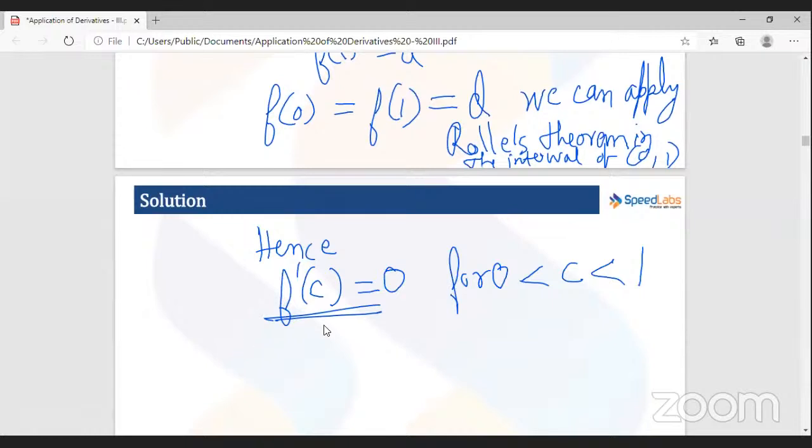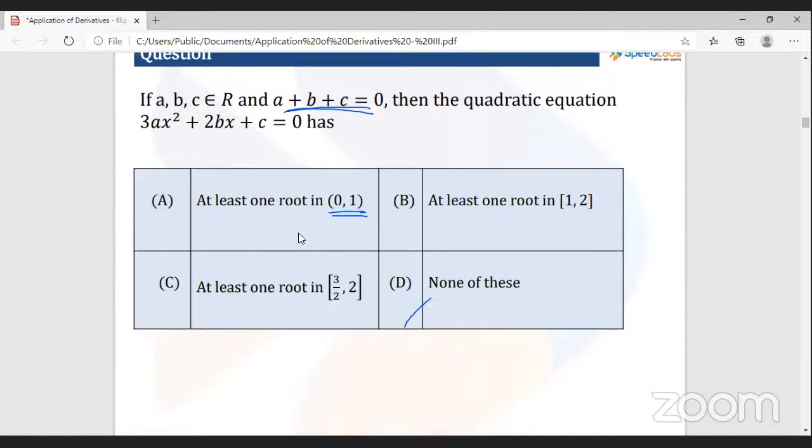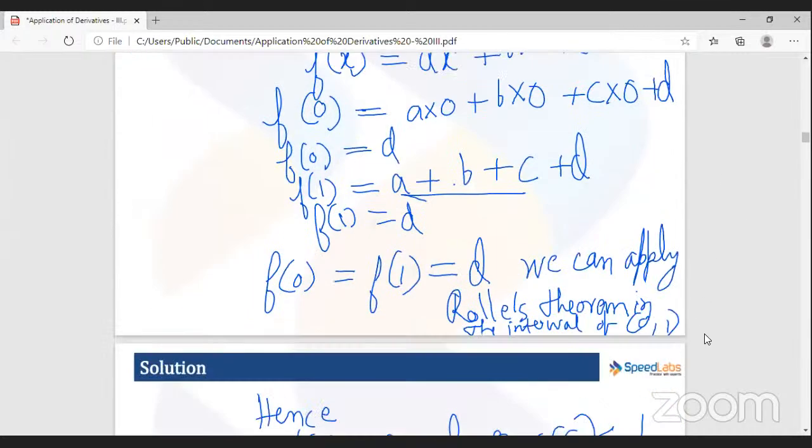And what was f dash c? F dash c was 3ax squared plus 2bx plus c. So it is 0 for at least one value c between 0 and 1. So the correct option here is A. So this equation 3ax square plus 2bx plus c equal to 0 has at least one root in 0, 1 by the application of Rolle's theorem here.